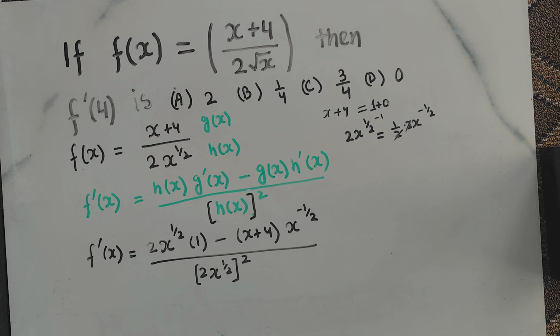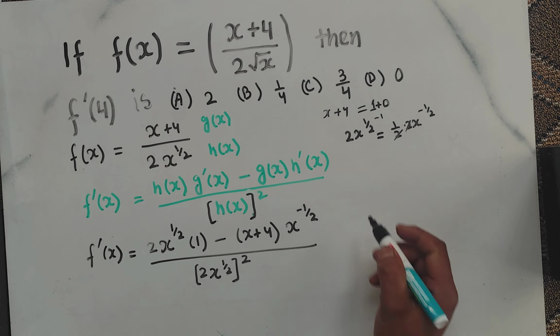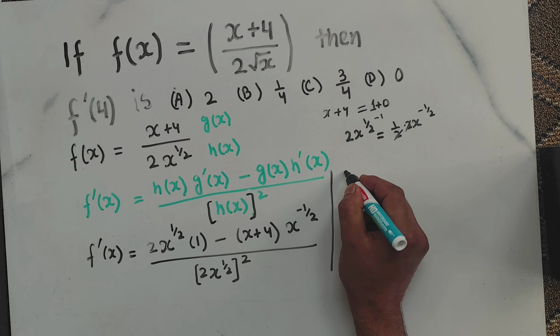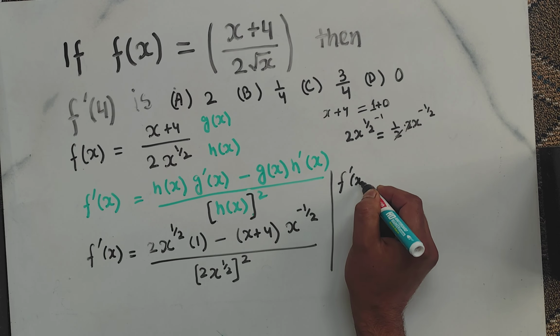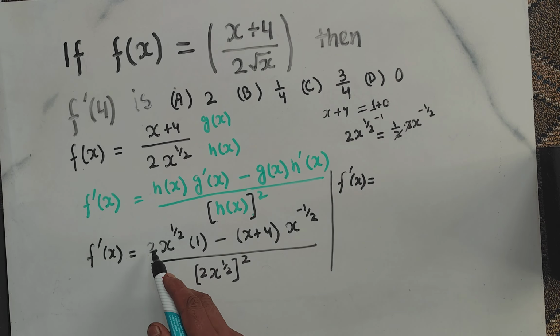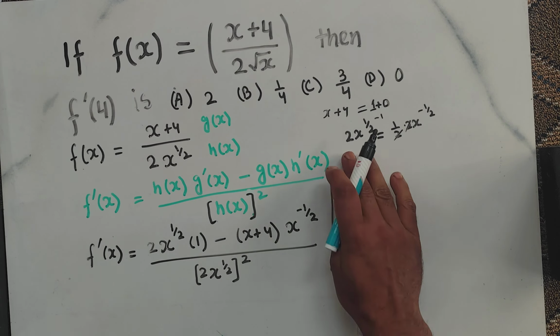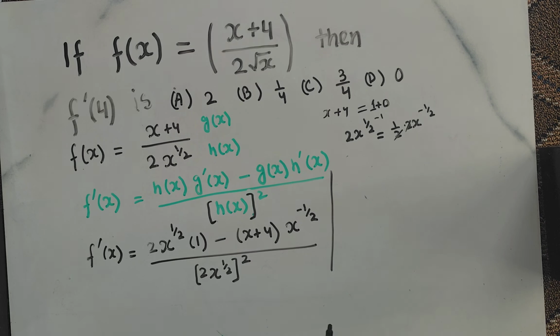Okay, solving further, let us solve it for f prime 4. So the derivative of this function at x equal to 4 will be equal to, let's plug in the value.